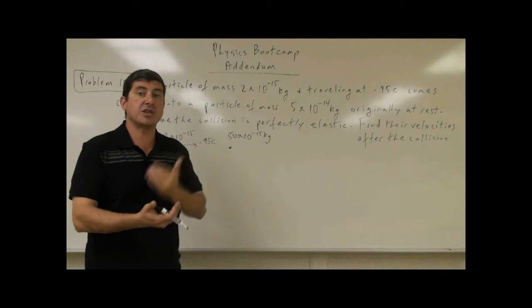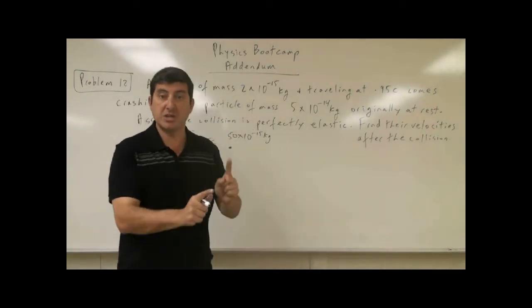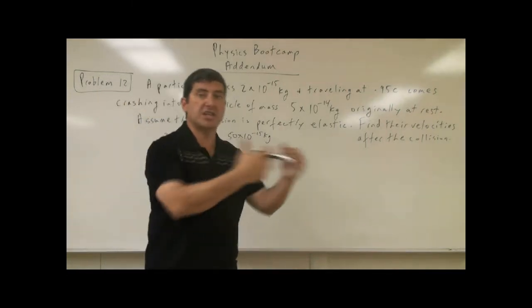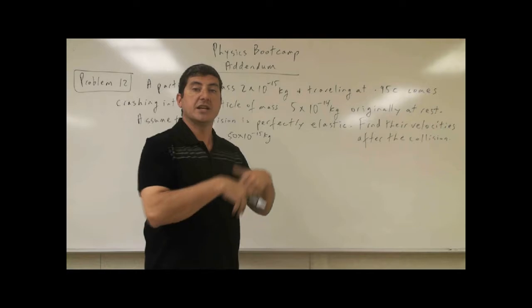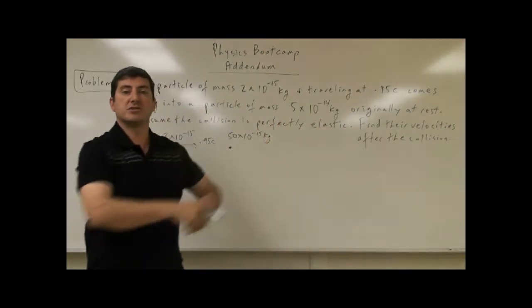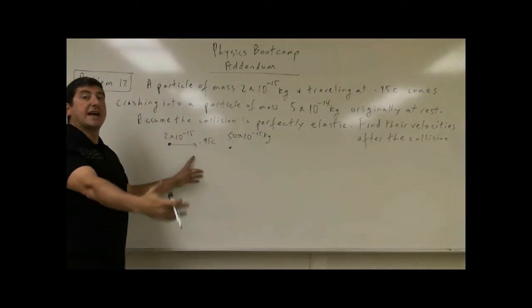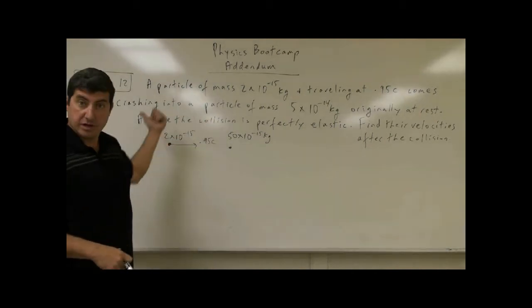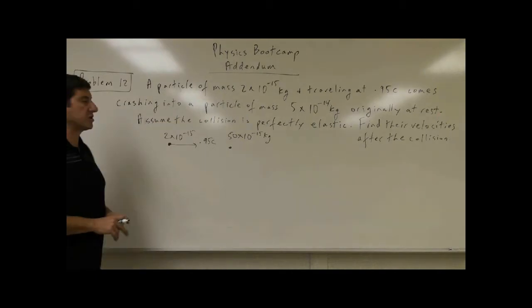So based on things that we learned in problem 11, which was in between the two, in problem 11 we did a particle undergoing decay, and we wanted to find out the velocities and the kinetic energies of the particles undergoing this decay. So based on that problem 11, we're going to solve the elastic collision version of what we did in problem number 10.